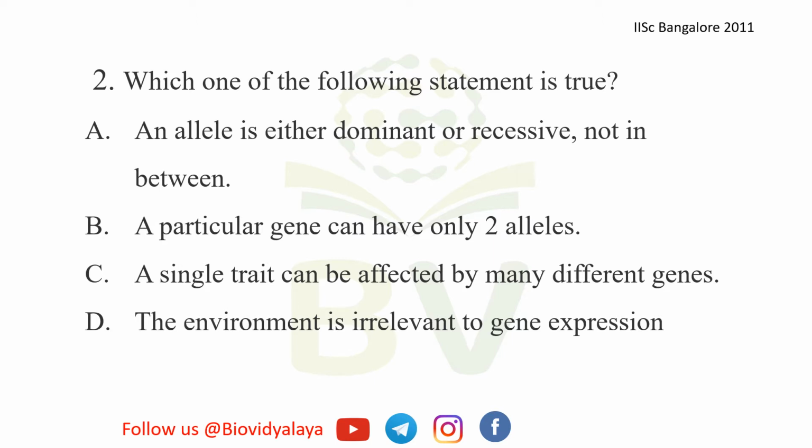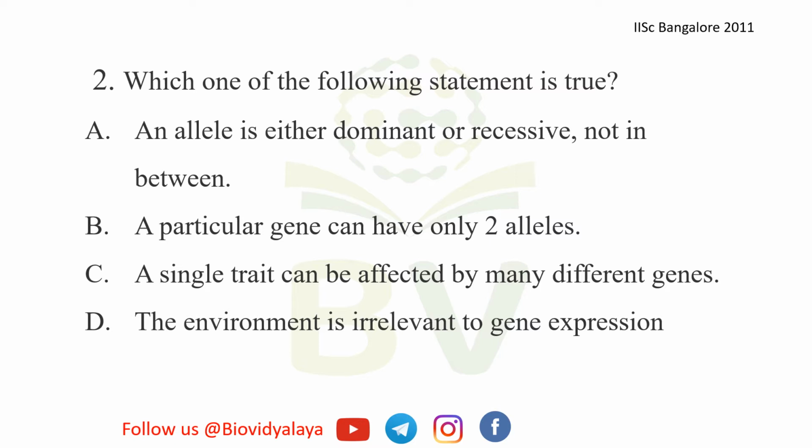First statement, option A, an allele is either dominant or recessive, not in between. We know that a dominant allele means the allele that can completely mask the expression of the recessive allele. But this is not true in all situations, in the case of codominance and incomplete dominance. In incomplete dominance, the dominant allele is not able to completely mask the expression of the recessive allele.